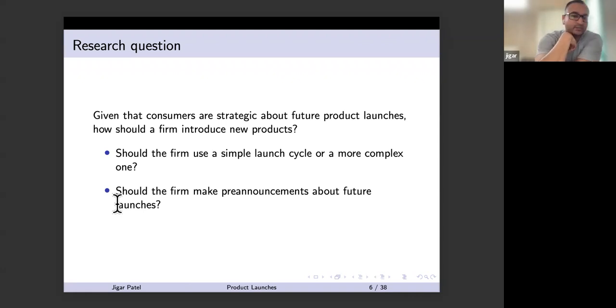Then they'll have architectural improvement over chips, and so on and so forth. These are called tick-tock innovations. So they used to lay down the path of the innovation and product launches that they were going to do. That's the pre-announced type of thing. So we'll look at these two information structures and characterize the optimal product launch policies.